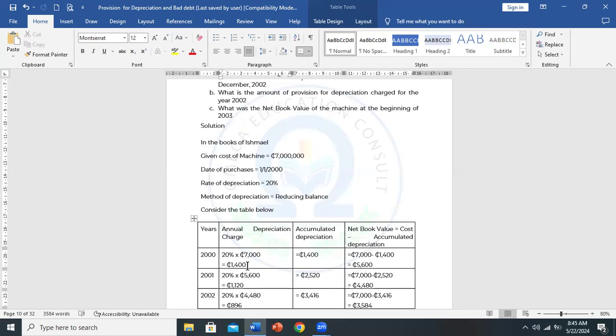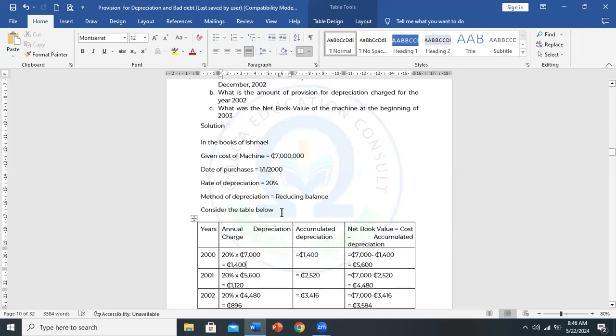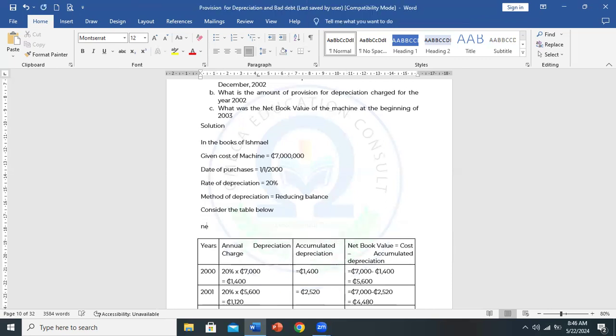Now let's go to the second year, which is 2001. You would appreciate that we have already depreciated the asset by 1,400,000 in the first year. So it only makes sense to say that your net book value will be equal to the cost, which is 7 million, minus the previous depreciation, which is the accumulated depreciation, 1,400,000.